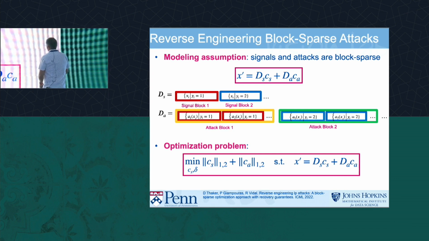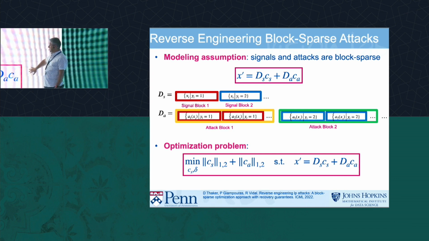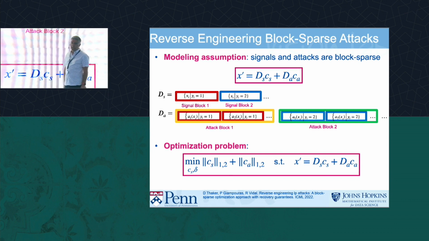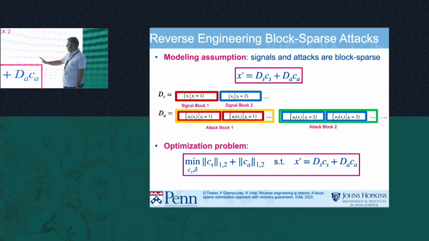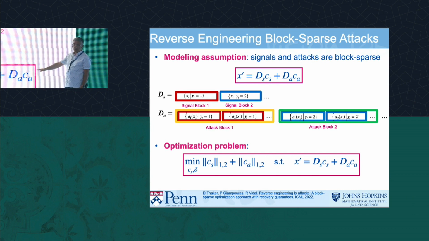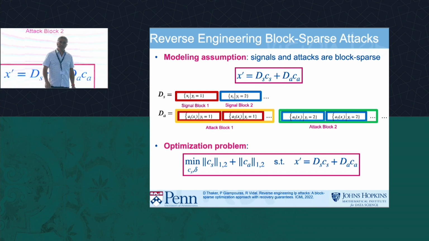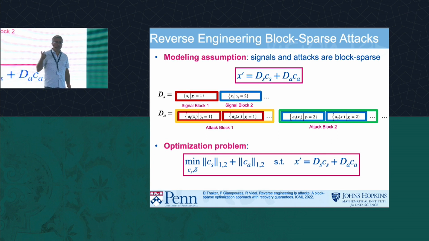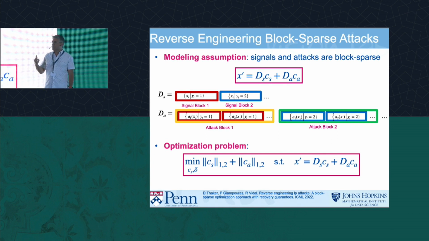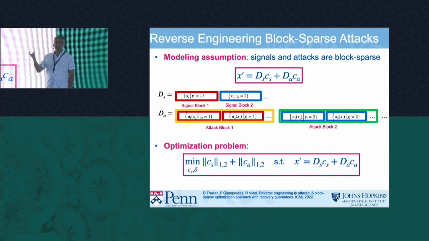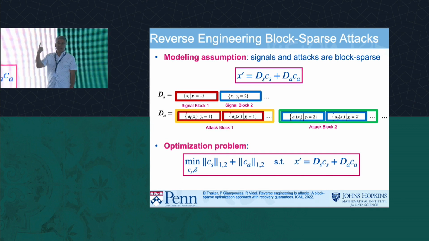And then with that in mind, we're going to do something super classical. We're going to try to reconstruct the attacked example X prime as a linear combination of both the signal dictionary and the attack dictionary. And we're going to minimize two group style norms. These group norms are simply trying to encourage that you want the block that is obtained from the signal block to correspond to only one class.